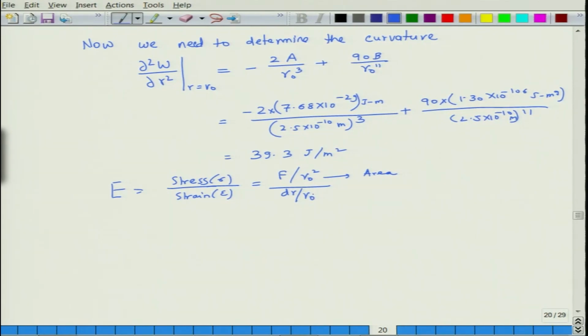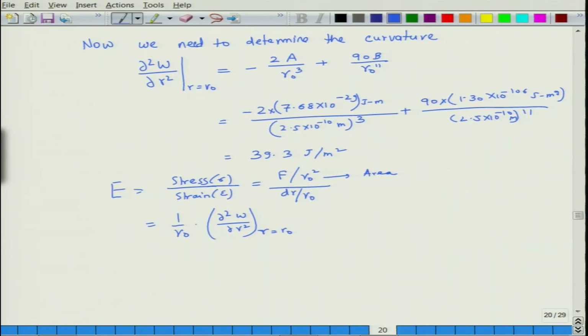R naught is the original length and dr is the small, infinitesimally small extension that you provide. So this becomes equal to 1 over R naught into del 2 W by del R 2 at R is equal to R naught.